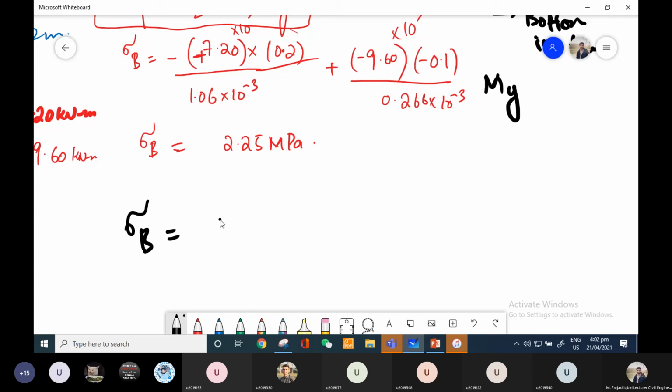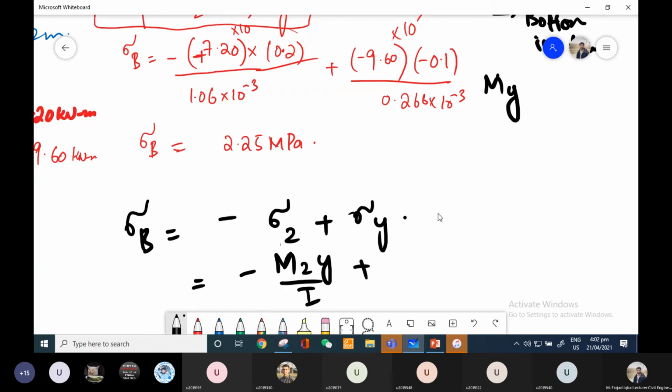So if I again, I know my equation will be something like, over here it will be sigma z and over here it will be sigma y. I will simply substitute Mz y over Iz plus My z over Iy.